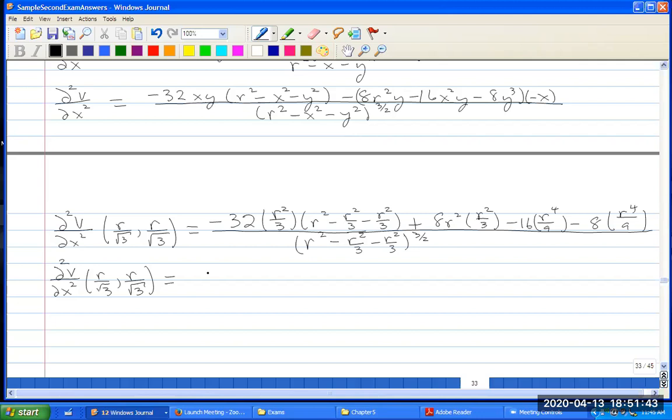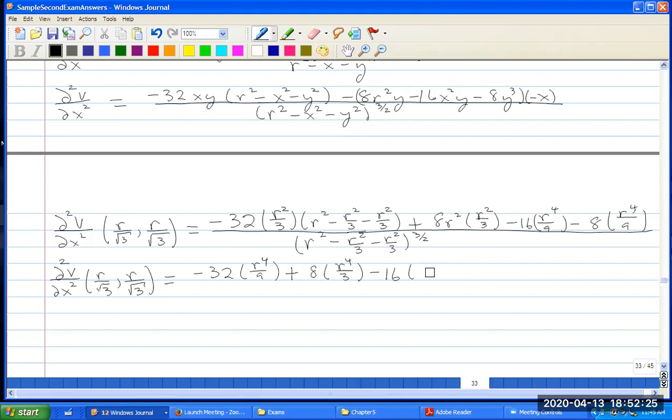So this becomes minus 32 r to the 4th over 9, plus, that's r squared, yeah, that's a plus 8 r to the 4th over 3, minus 16 r to the 4th over 9.